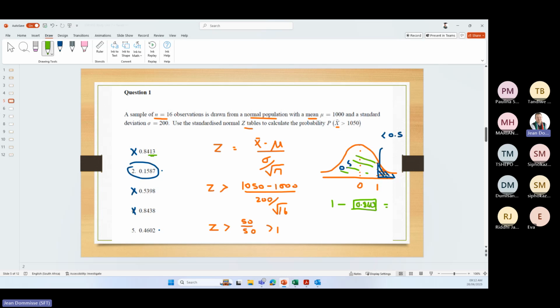But remember, we need that smaller area. So if we say 1 minus 0.8413, we will also get 0.1587. Okay, so again, you can use both of the tables, whichever one you're most comfortable with.